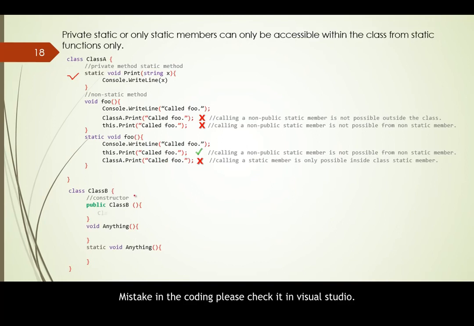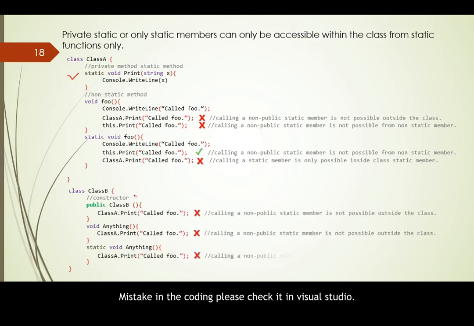For class B, all the examples will fail, because it is a private static member and we cannot access it outside the class. That's it. It's a very simple example, and it really describes all of the static members' abilities. If you have any questions, mail me right away. I will get back to you as soon as possible.